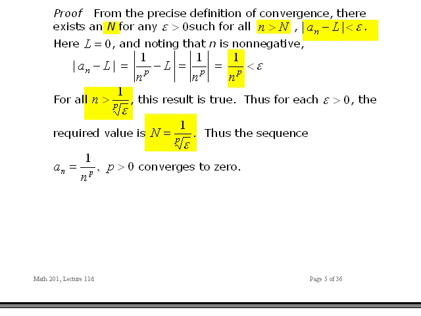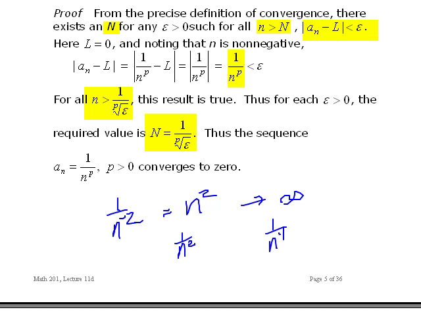What happens if p is less than 0? If p is less than 0, then we have 1 over n to the minus 2, which is n squared. The limit of this is infinite. It diverges. But 1 over n squared converges.